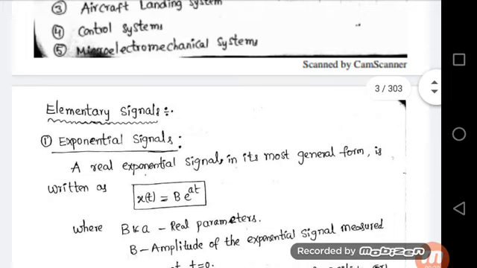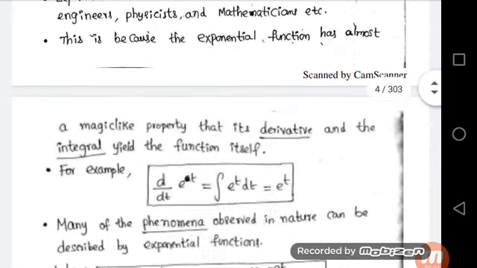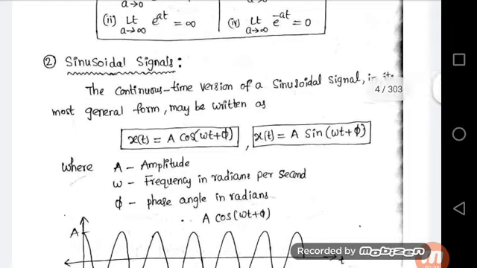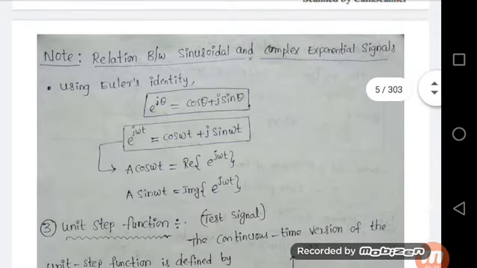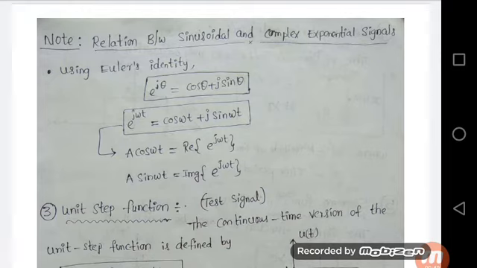This one is the exponential signal and the second one is the sinusoidal signal. Next is the relation between sinusoidal and exponential signals using Euler's identity. e to the j theta equal to cos theta plus j sin theta. e to the j omega t equal to cos omega t plus j sin omega t.